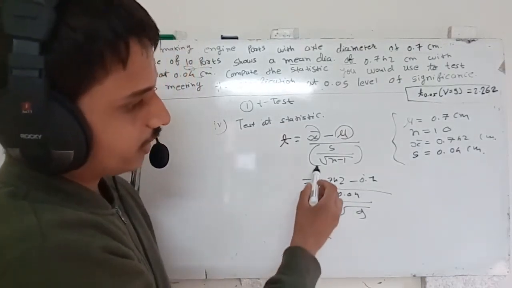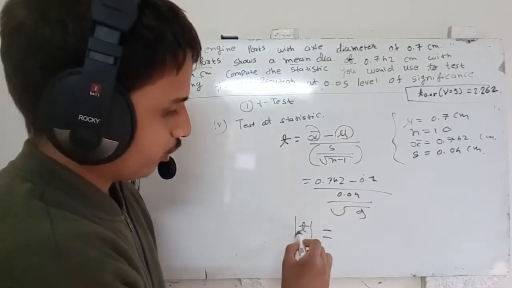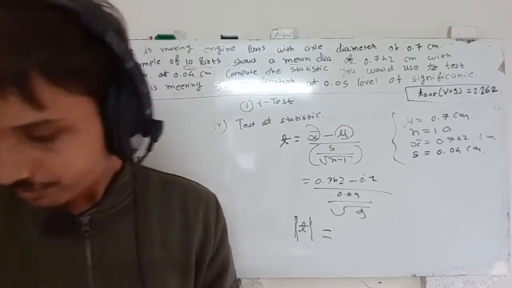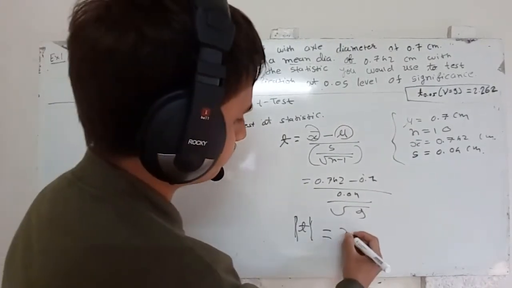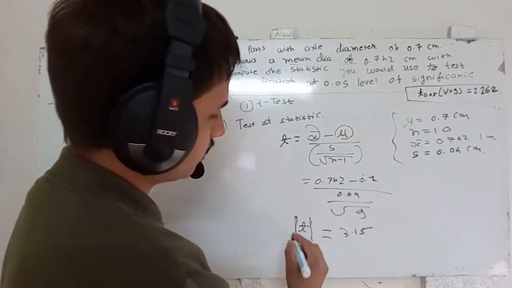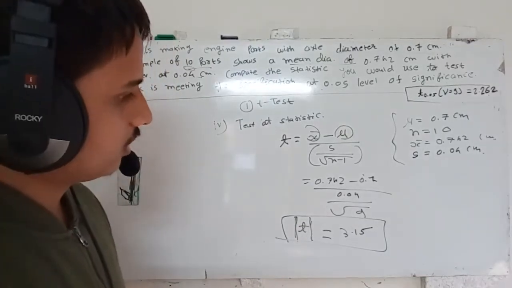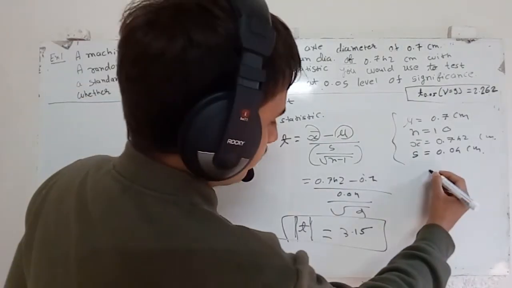In case you get this value negative, then always write positive value, and always write t with mode sign. So you will get t value as 3.15.